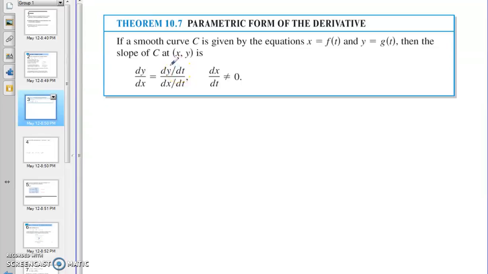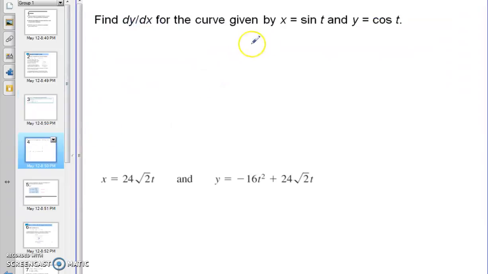So here I've got dy/dt over dx/dt, at any given point, as long as dx/dt is not equal to 0. Let's go ahead and find that for this first one. Okay, so x is equal to sine t, y is equal to cosine t. Those are my parametric equations. Let's go ahead and find dy/dx.